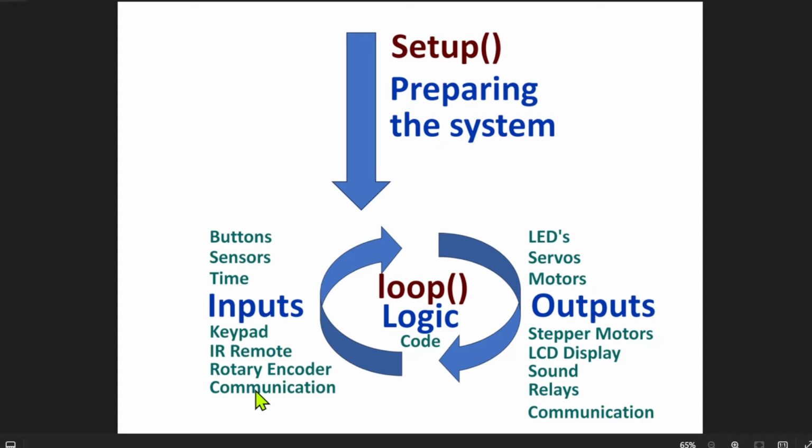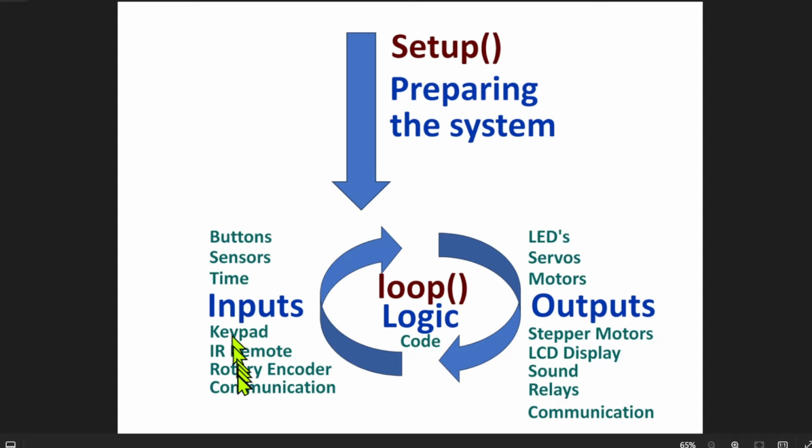It could be something coming in from another Uno. There's all sorts of methods, if you like, different input types that our board can receive. And at the same time, there are outputs. Now, our outputs could be very simple. They could be an LED. We could be driving a servo, a motor, stepper motors, LCD displays, sound, relays, outbound communication.